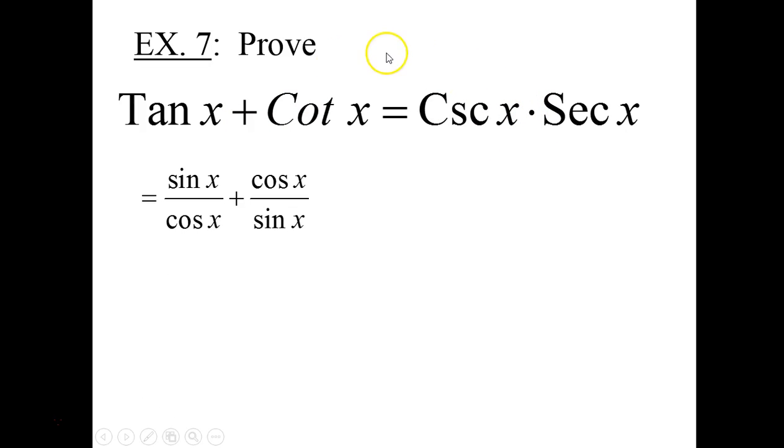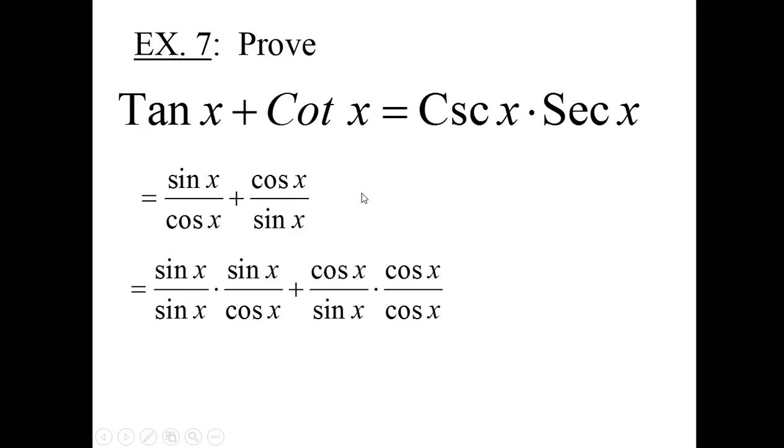So, again, don't like tangents. Use your quotient identity. That's sine over cosine plus cosine over sine. Again, you're adding these quantities. You cannot cancel them. So where do I go? Well, I need common denominators. So this has a cosine.